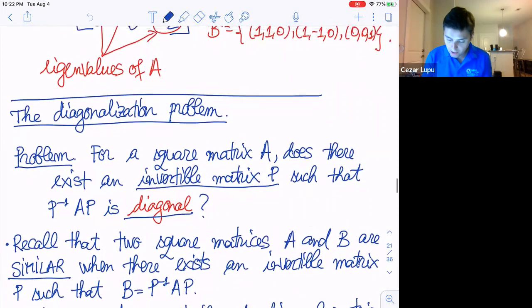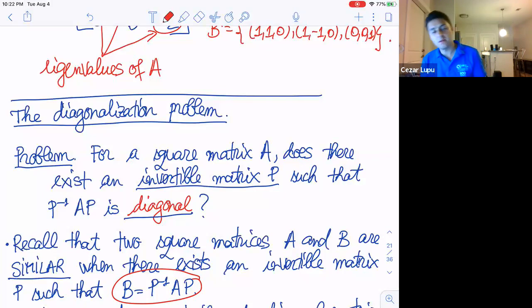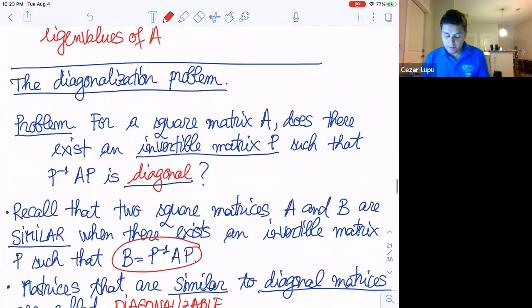So this is what we said from last lecture. We have seen, in fact, that if a matrix A is similar to B, then B is also similar to A, right? So that's the definition.